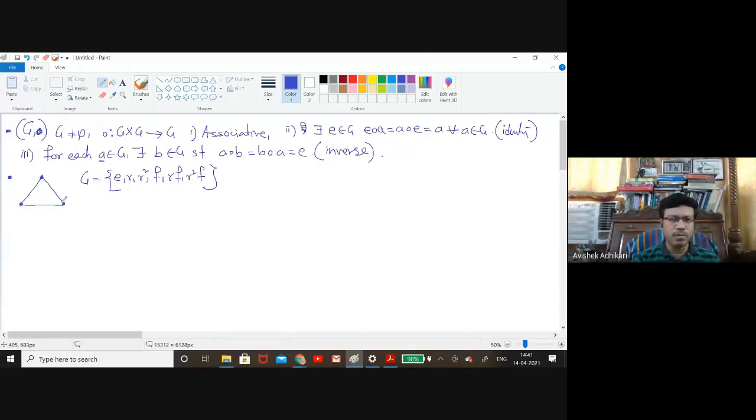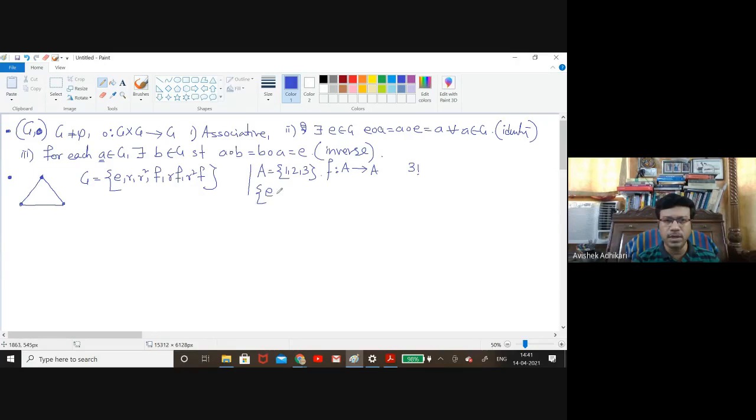The same group can also be viewed through permutations. If I consider A to be the set 1, 2, 3, and consider all permutations from A to A, then we know that there exist 3 factorial many permutations.